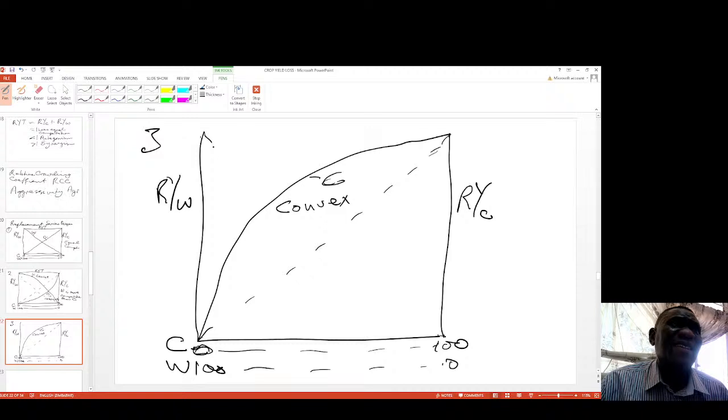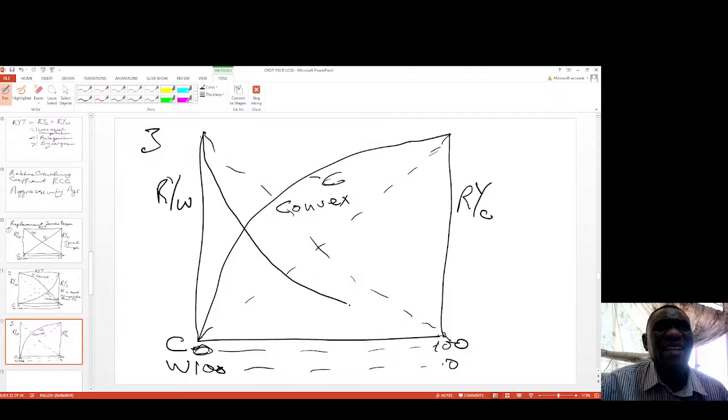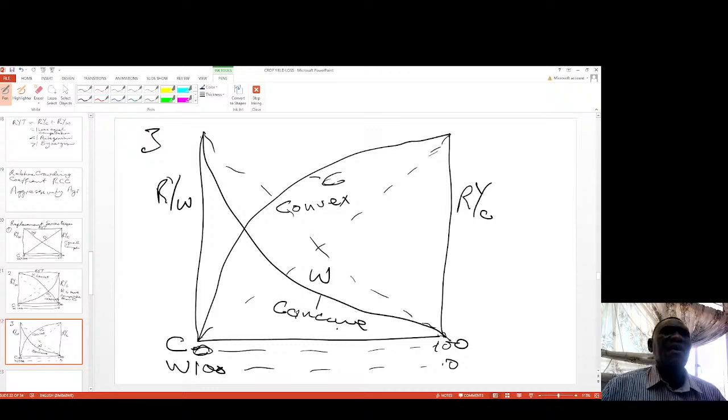Let us check. This now becomes under the expected output. This is W. It is now concave. Yeah, we're just looking at the shapes of those lines. If it is concave, it means less competitive. Convex means more competitive.